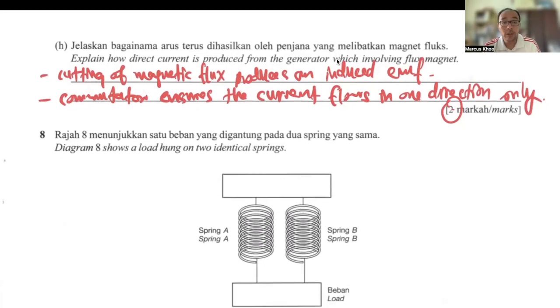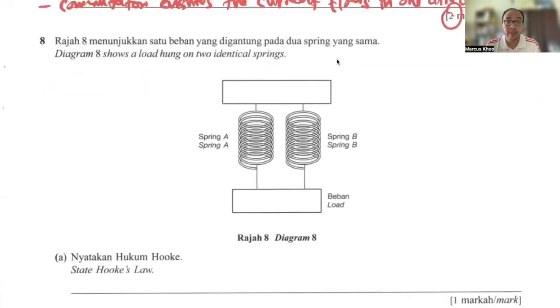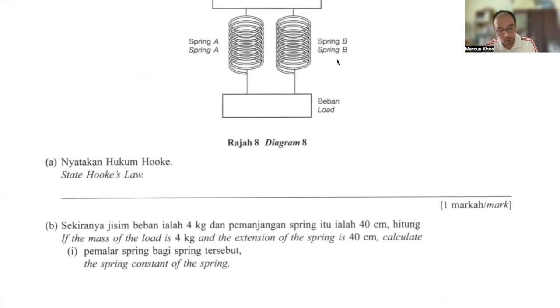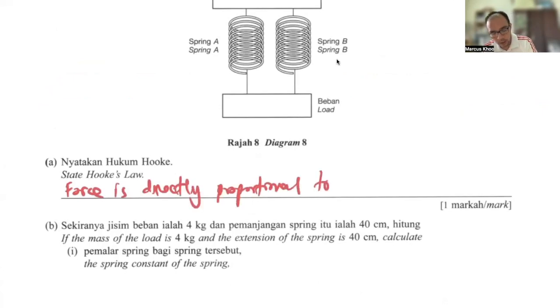Okay, diagram 8 shows a load hung on 2 identical springs. State Hooke's law. Hooke's law, the force is directly proportional to the extension.